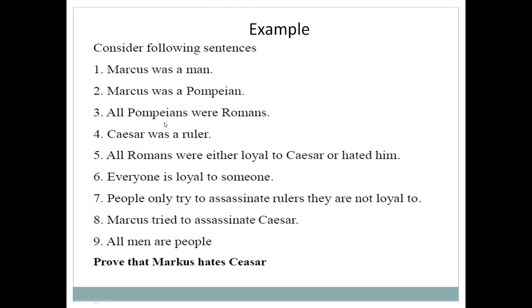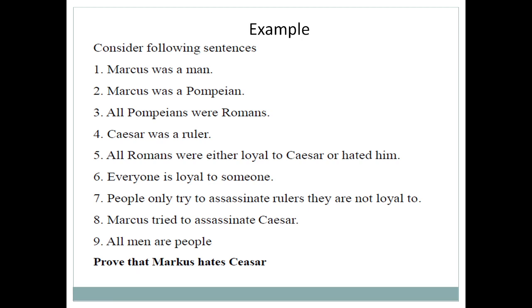Now the third statement, all Pompeians were Romans. Here we have seen that one word is there, all. If you remember, we have discussed two quantifiers. One is a universal quantifier and the second one is an existential quantifier.